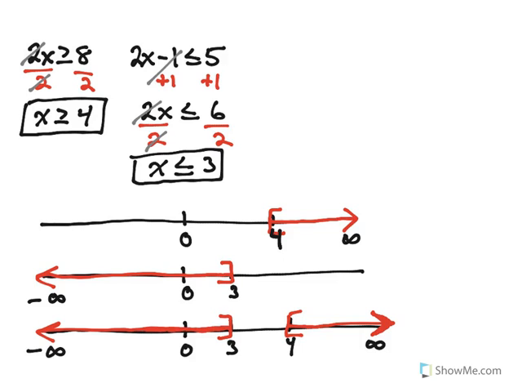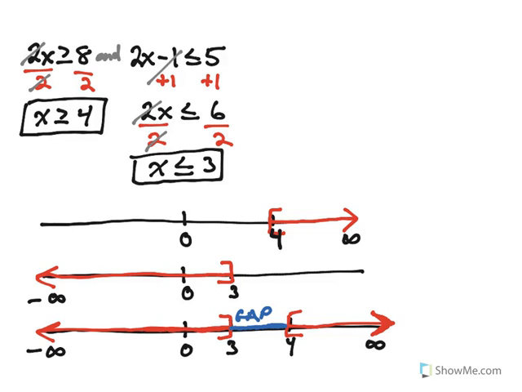And you notice that there's a gap here. There's no solutions there. So when I superimpose the graphs onto one graph, I have a gap. And there's a contradiction. This original problem was and, by the way. It read 2x is greater than or equal to 8 and 2x minus 1 is less than or equal to 5. I should have written that earlier, but that was the original problem.